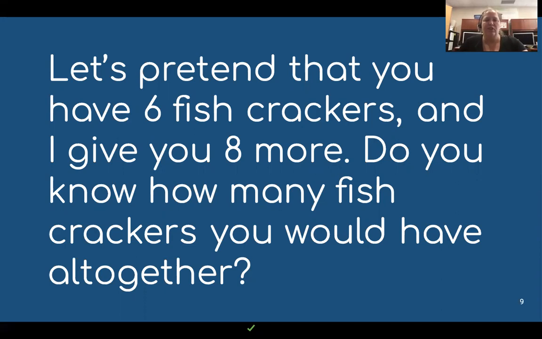The question we looked at last time was this one: let's pretend that you have 6 fish crackers and I give you 8 more. Do you know how many fish crackers you would have altogether? We're going to continue our discussion today with this question kind of in the back of our minds, or maybe the front. We'll see where it ends up.